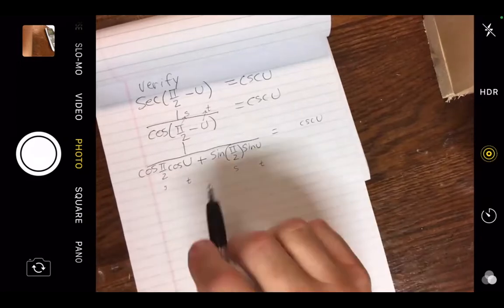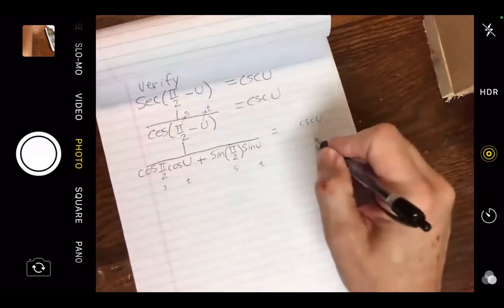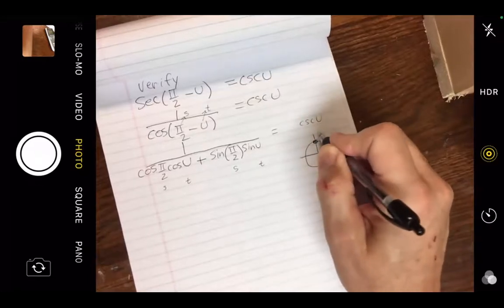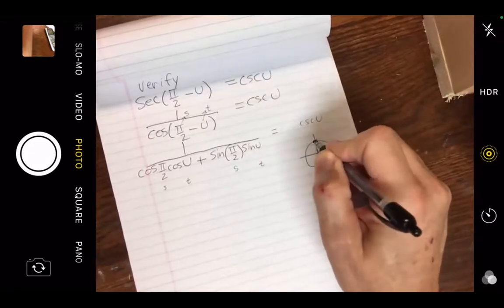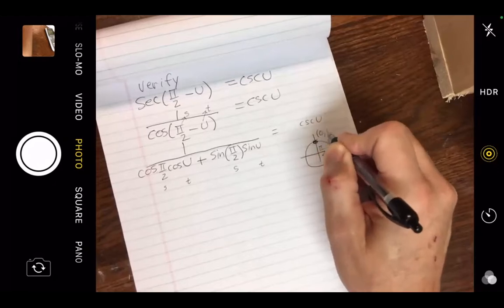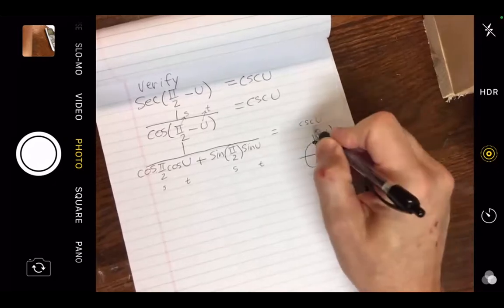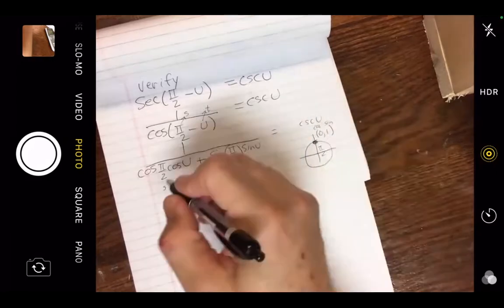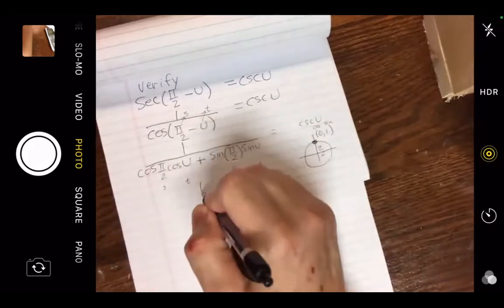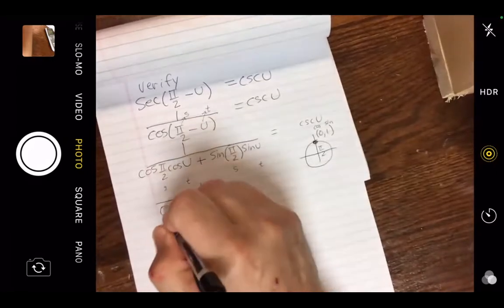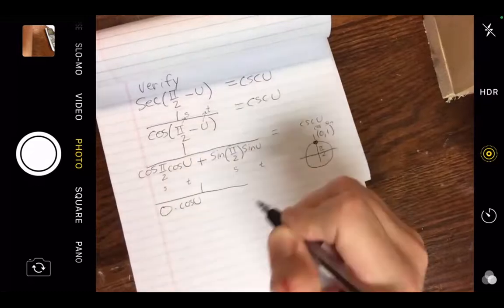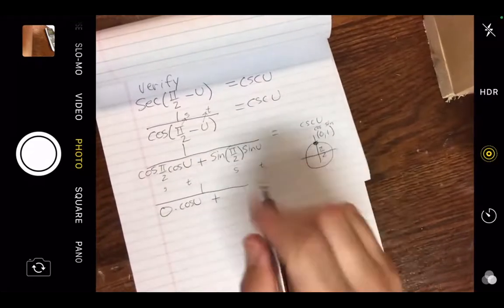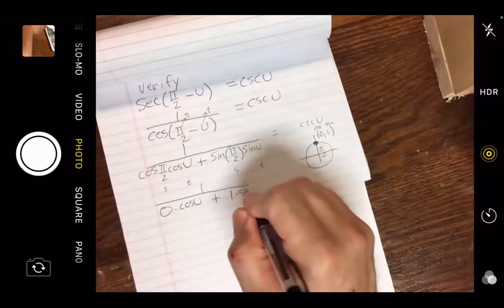Yeah. Cosine of pi over 2, if you, again, you reach back to the circle. Pi over 2, you're up at 90 degrees on the y-axis. Your coordinate is 0, 1. Cosine is directly 0, sine is directly 1. So 1 over cosine of pi over 2 is 0 times cosine u, sine of pi over 2 is 1 times sine u.